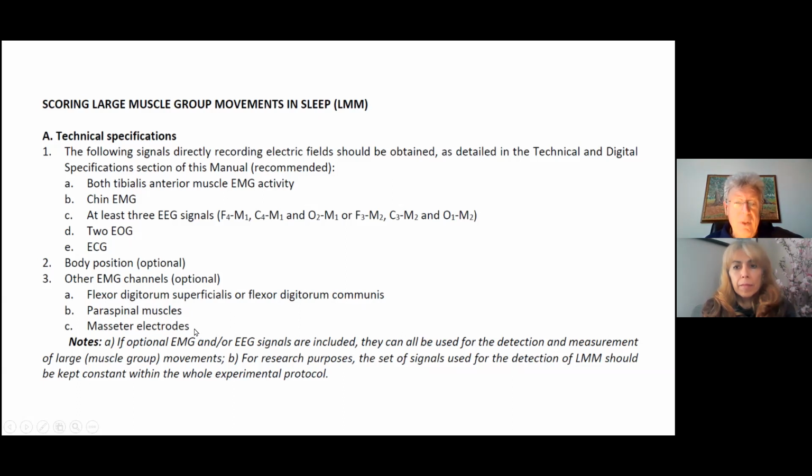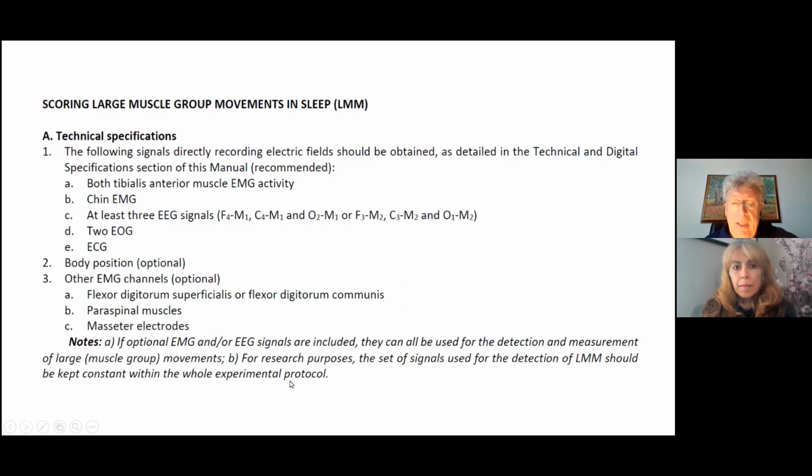Well, if we have those electrodes, remember that they all will be able to pick up activity that can be considered and interpreted as a body movement when the criteria that I'm going to explain now are met.